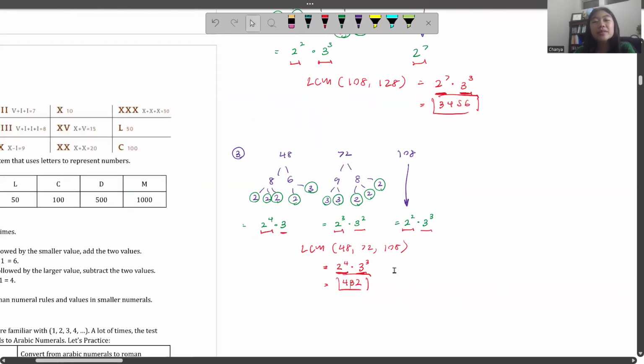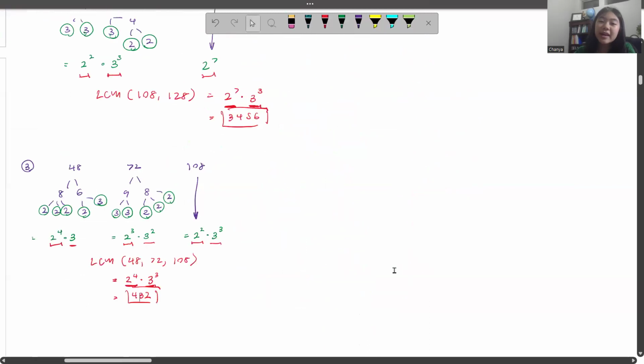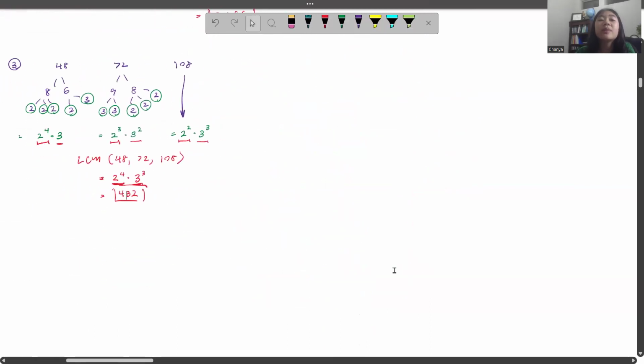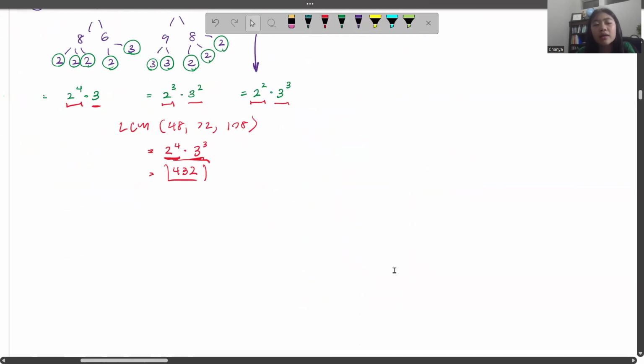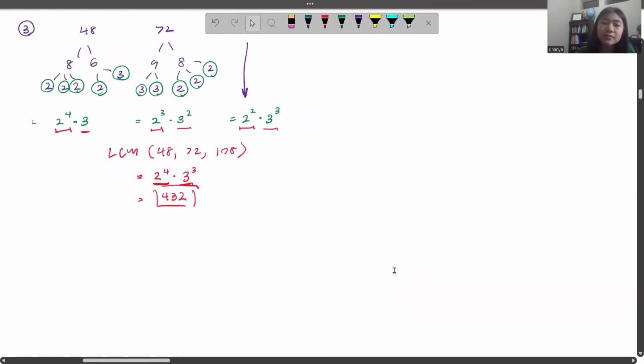So I hope these examples were helpful. And before I go, I just want to give a little bit of a side note about LCM and GCF.